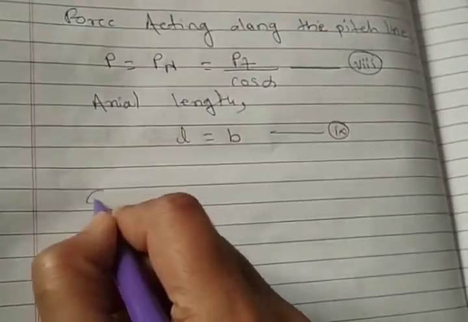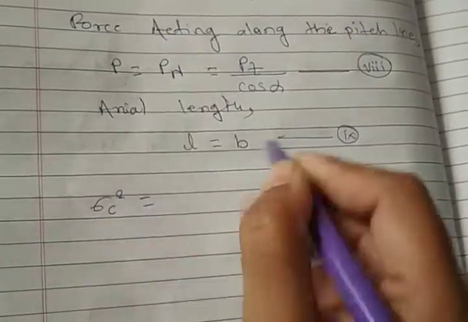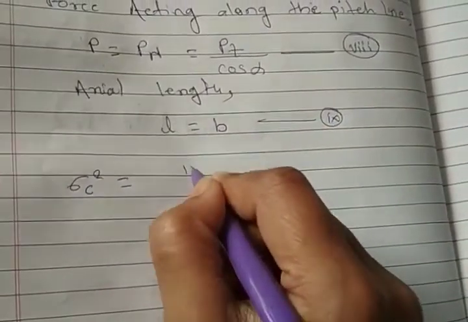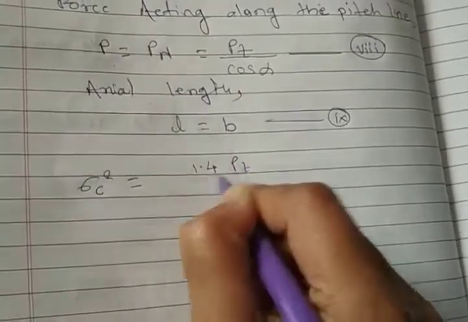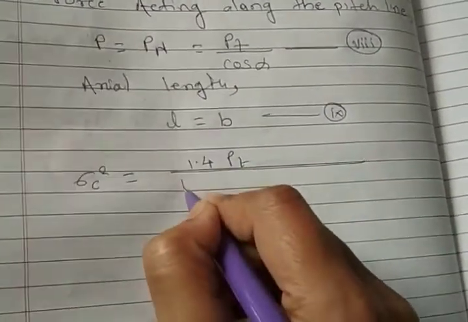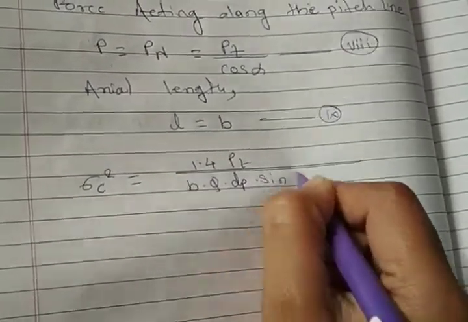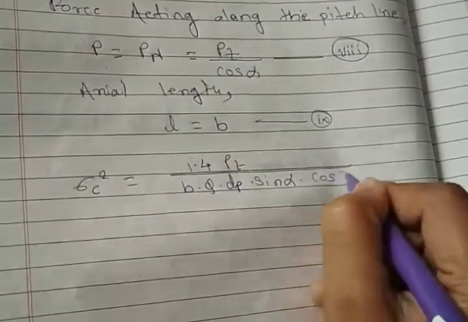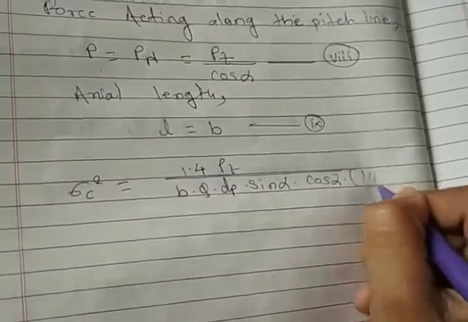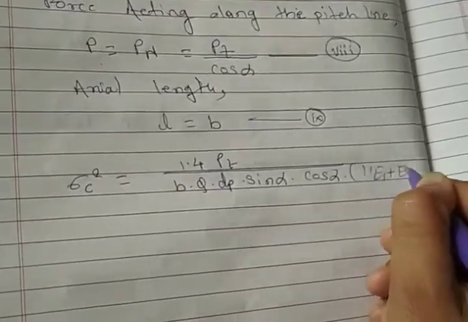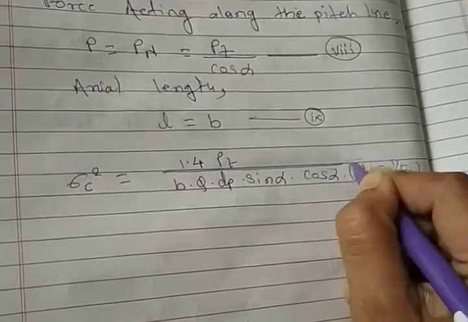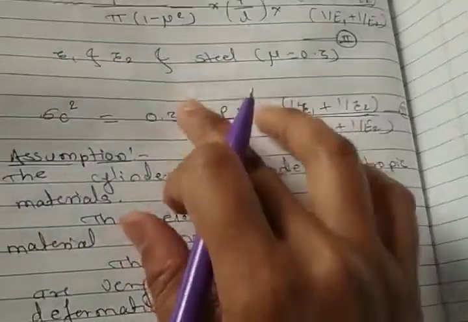So we get sigma c square is equal to 1 upon 4 Pt divided by b q dp sine of alpha cos of alpha, 1 upon E1 plus 1 upon E2, which remains as it is. Okay, so this is our previous equation.